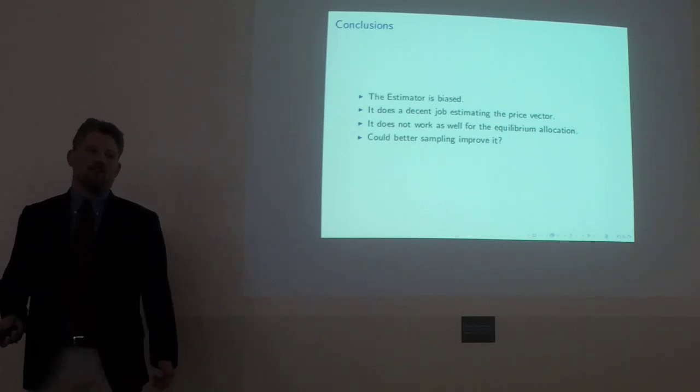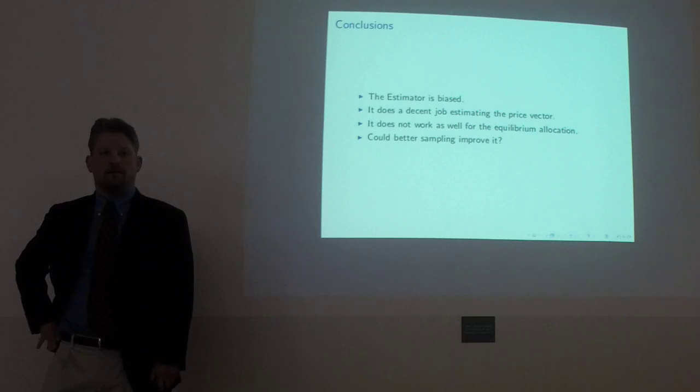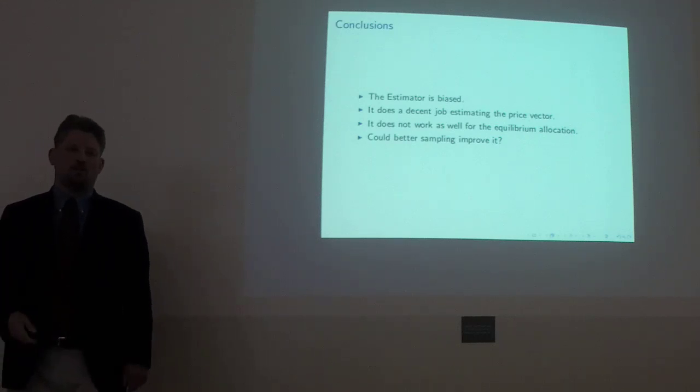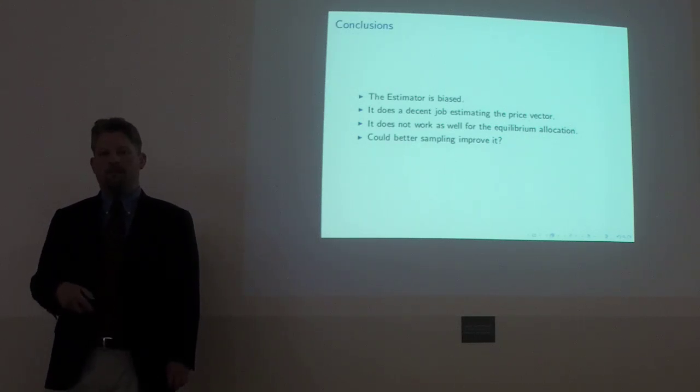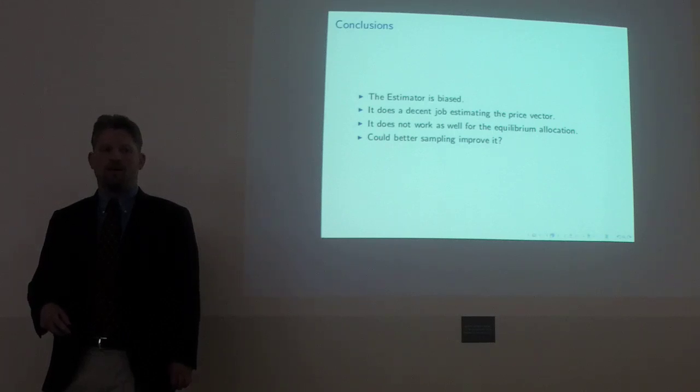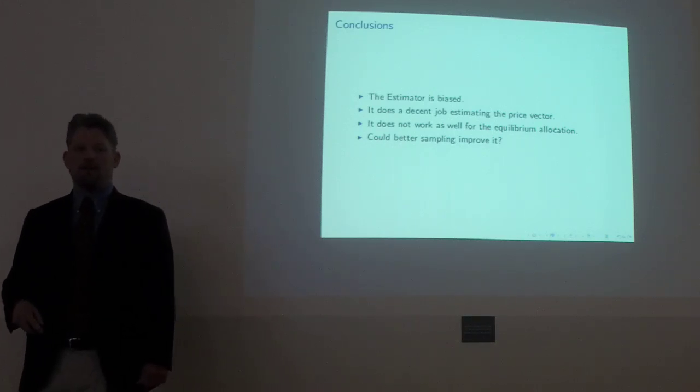Yeah, my motivation was I needed an equilibrium to start an agent-based model I'm building, because otherwise you have to converge to it, and even if you have 10 agents and 7 goods, it's very hard to converge to an initial price vector because everything's adjusting at the same time.